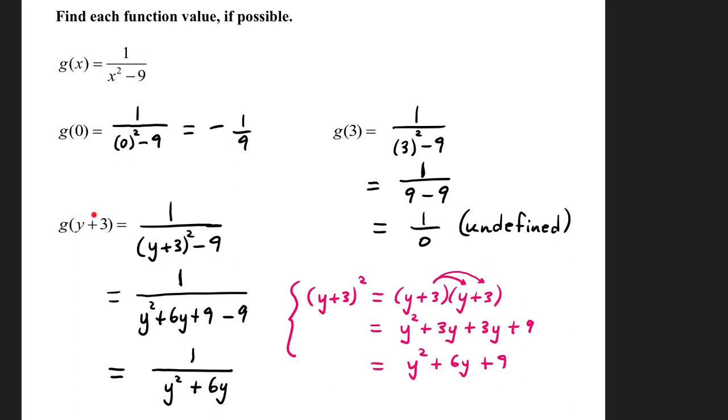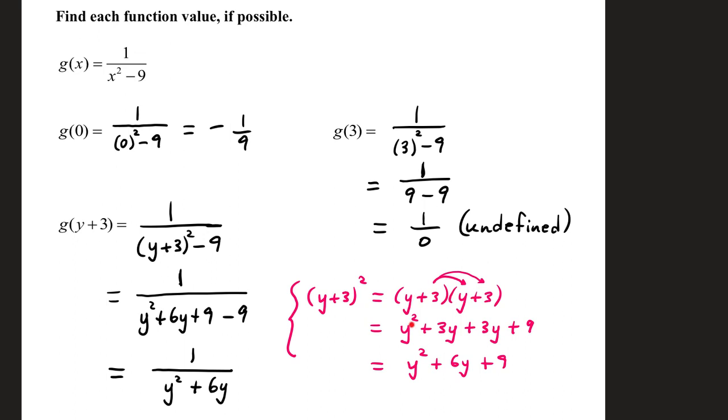Going with an algebraic expression, y plus 3, we're going to replace our input location with y plus 3. 1 over y plus 3 squared minus 9. In the red ink, if we square y plus 3, that's 2 of those multiplied out.